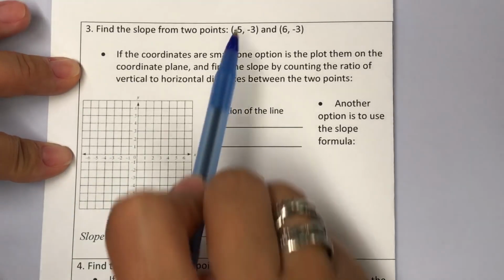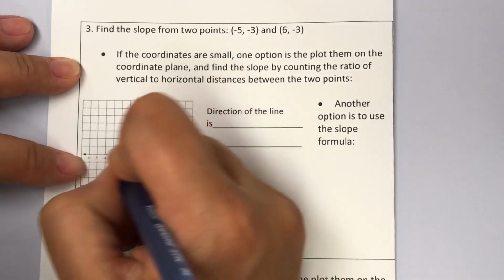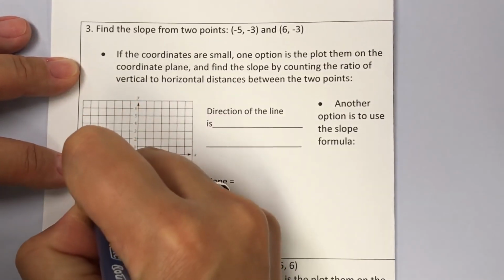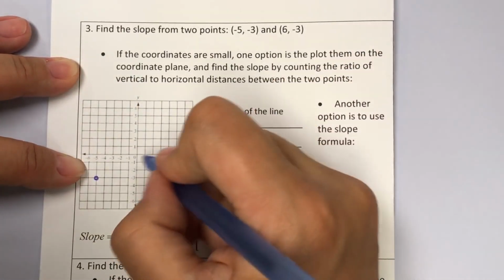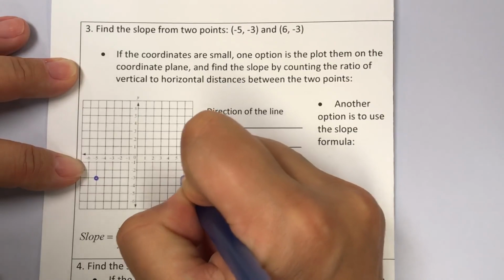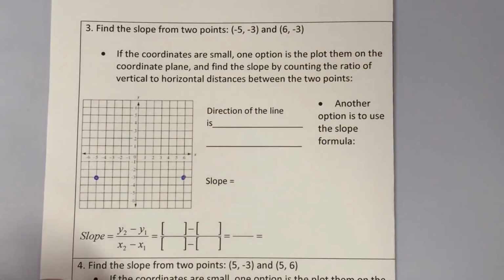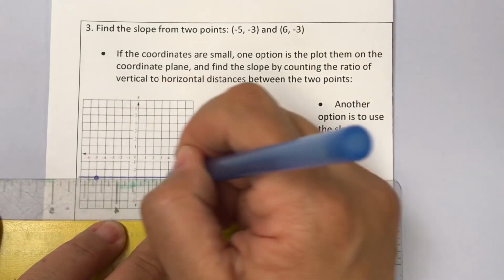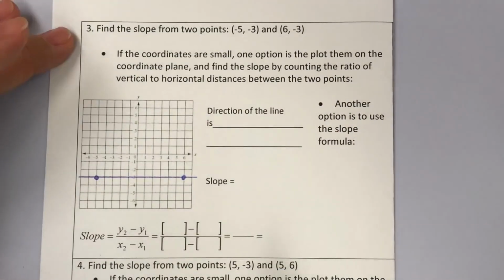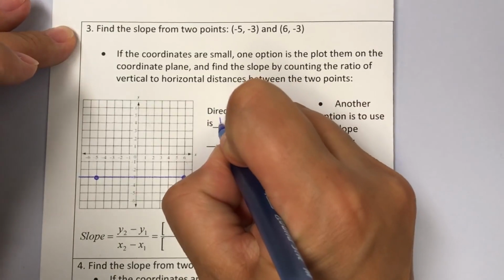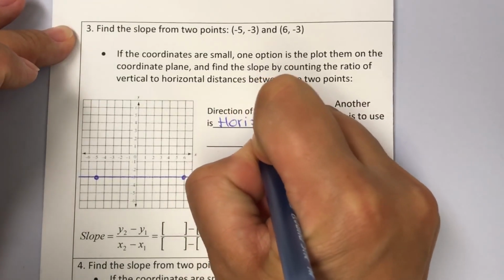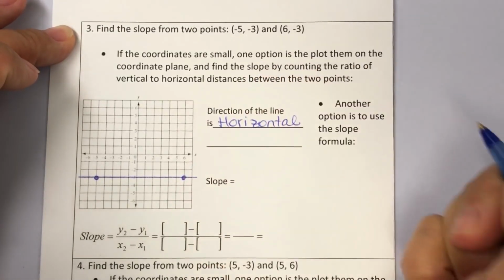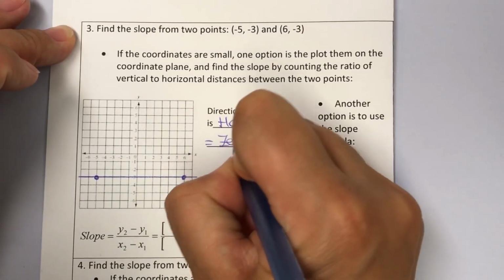So I'm going to do that first. Negative 5, negative 3, and then 6, negative 3. By connecting, I see a horizontal line. Direction of my line is horizontal. That's when I have zero slope.